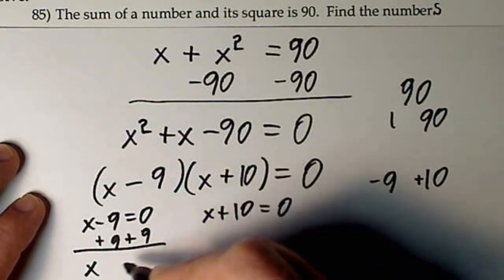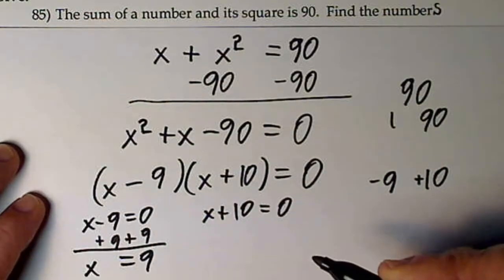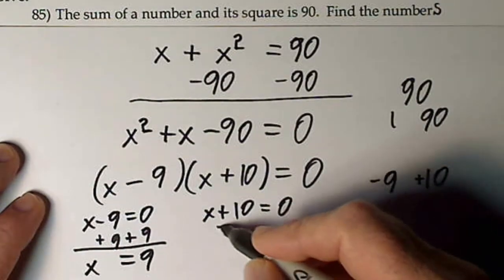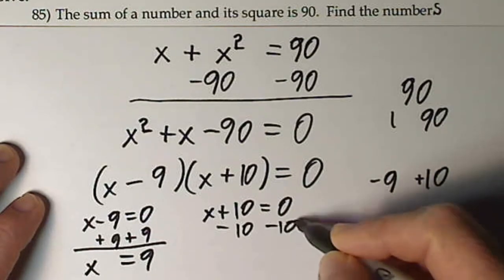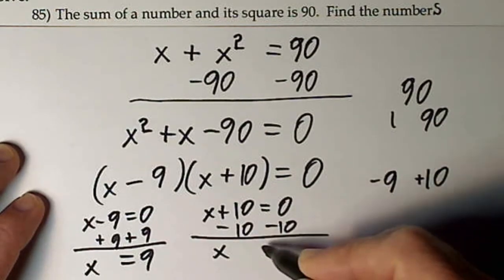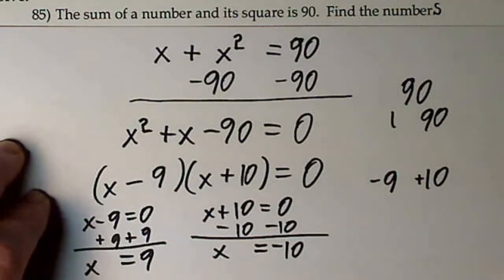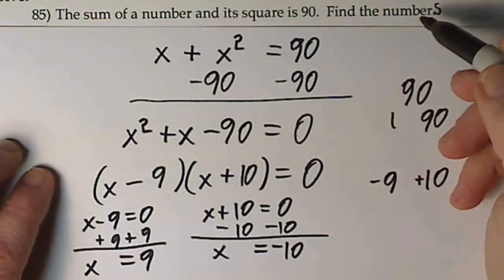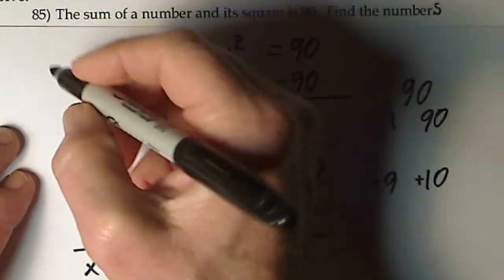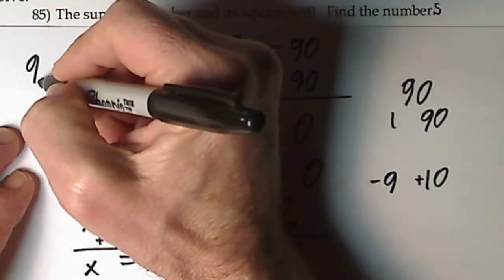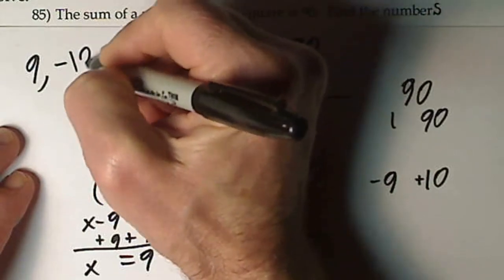So you get x equals 9. There's one possibility. Subtract 10, and you get x equals negative 10. So the numbers are 9, comma, negative 10.